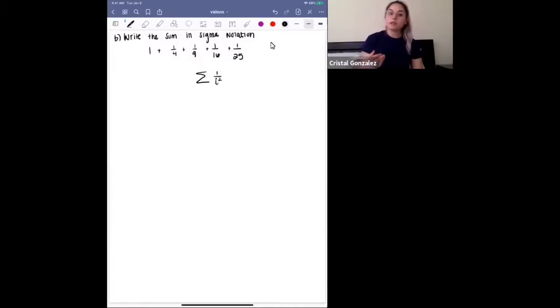And since I'm starting at 1 for my 1 squared, I can write i starts at 1 and it ends at my last perfect square, which is 5 squared. So we'll write 5 for our n value. Okay, and then you could always check that by iterating through and going, if I plug in 1, I get 1, and then I plug in 2, I get 1 over 2 squared.